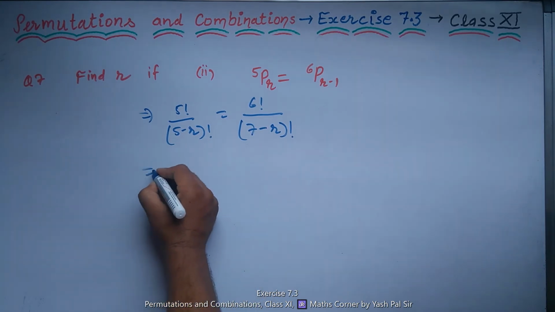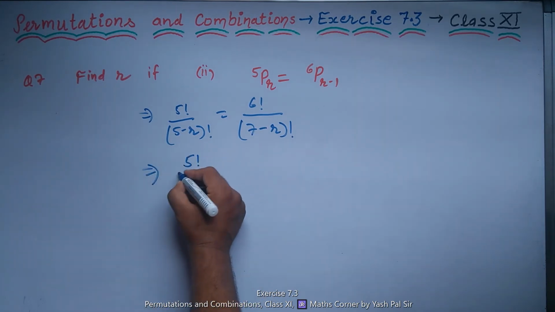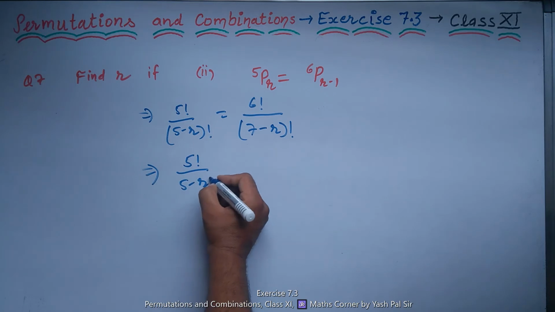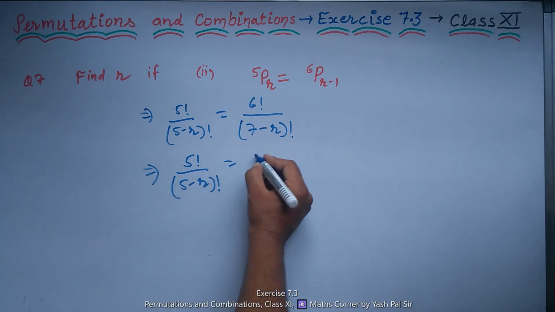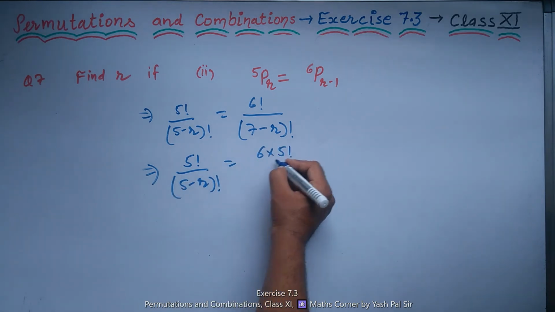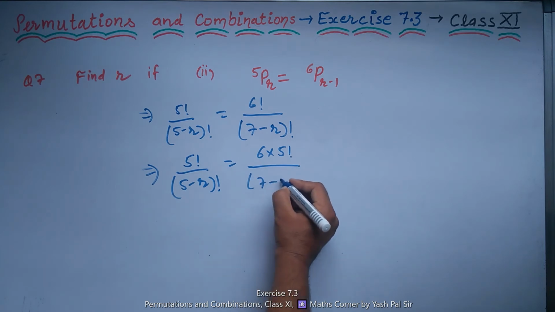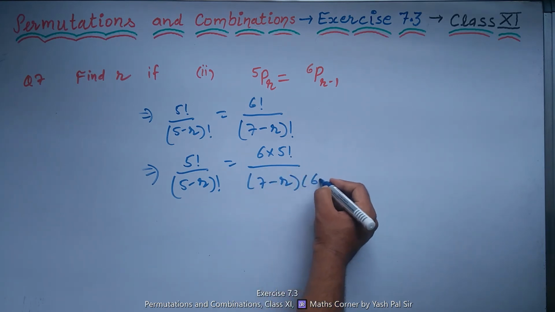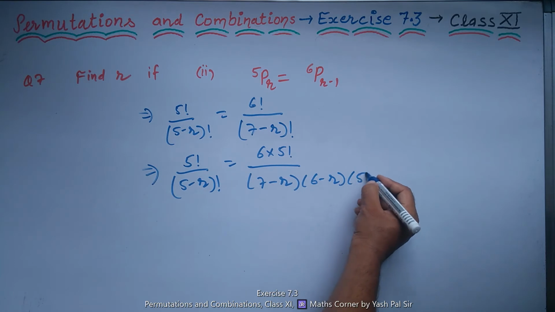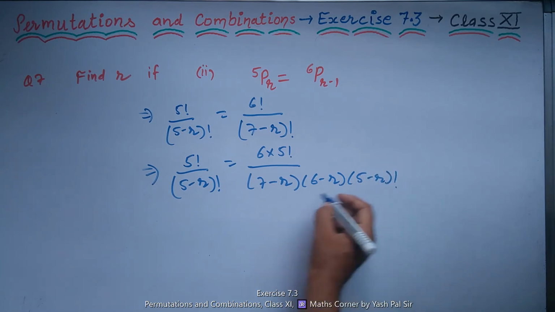This means 5! divided by (5 minus r)! is equal to 6 into 5! upon (7 minus r) into (6 minus r) into (5 minus r)!.